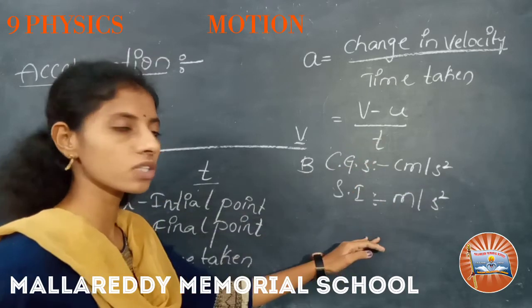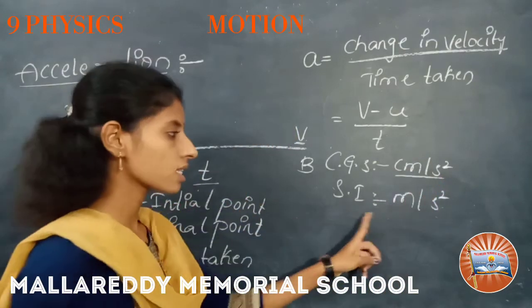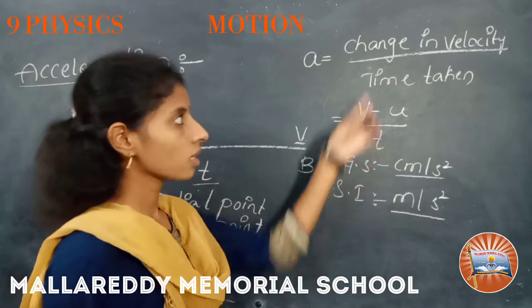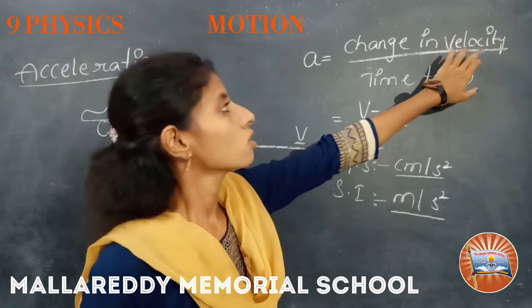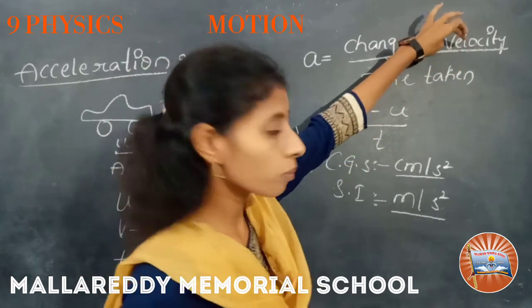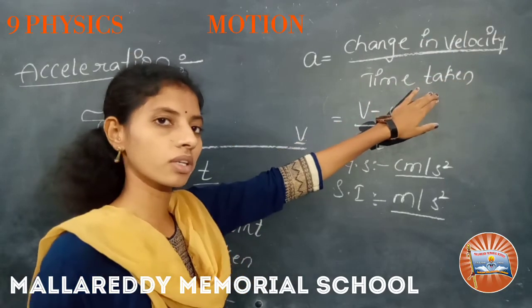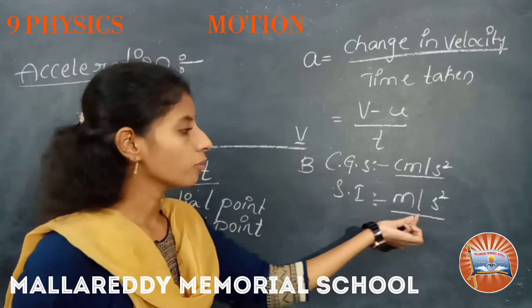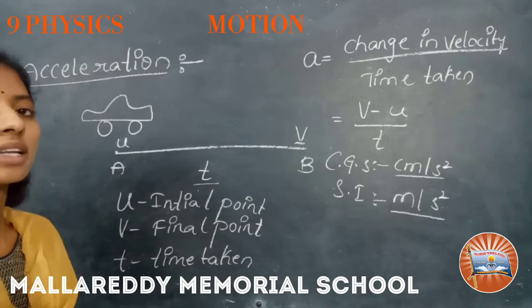For acceleration, the CGS unit is centimeter per second square and the SI unit is meter per second square. Why? Because we take change in velocity, which is centimeter per second, divided again by time. That's why we get centimeter per second square and meter per second square. These are the units for acceleration.